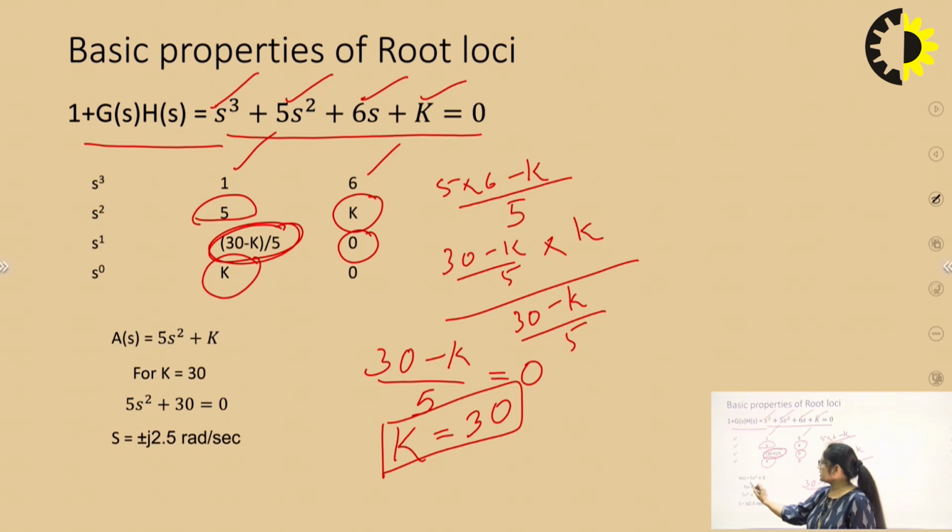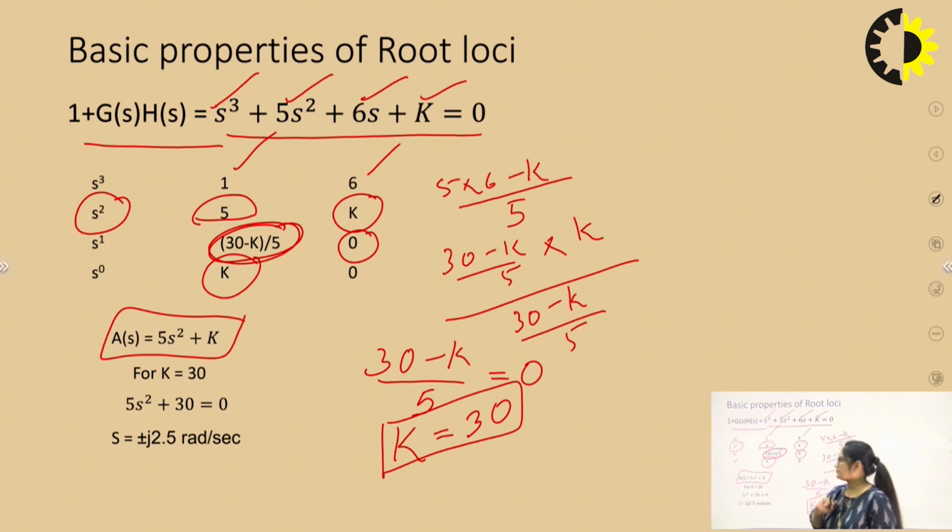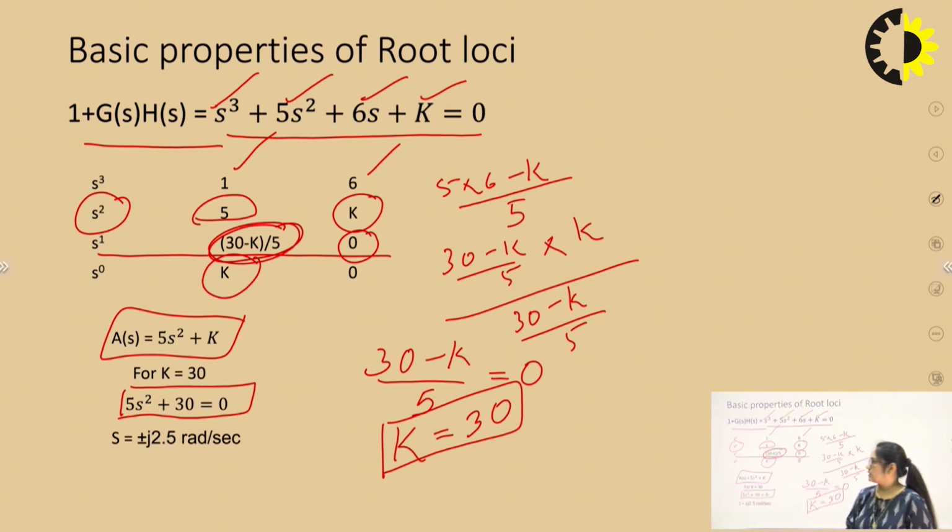So the auxiliary equation becomes, since this is the row with s square, 5s squared plus k. Solving the auxiliary equation for the value which has come out to be 30, by substituting k equal to 30, it is 5s square plus 30 equal to 0.